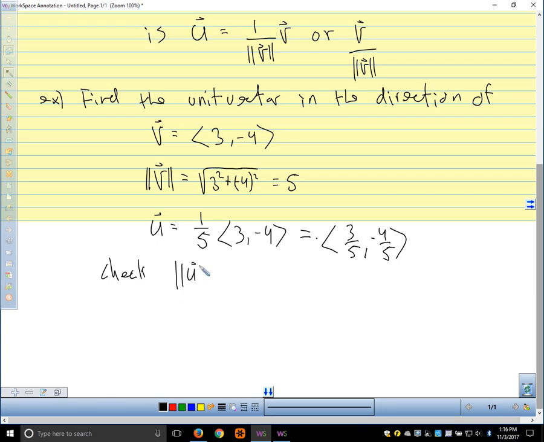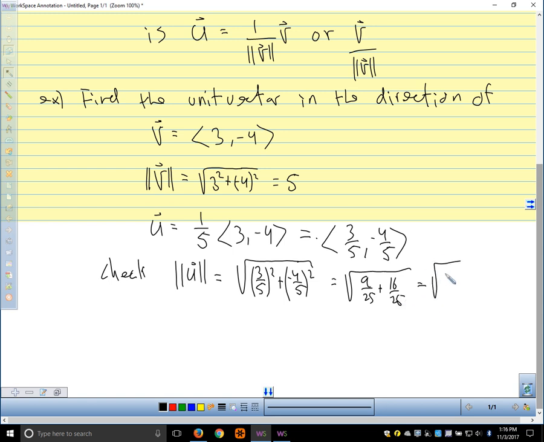The magnitude of u is the square root of 3/5 squared plus negative 4/5 squared, which is the square root of 9/25 plus 16/25, which is 25/25, which is 1. So we divided it by its length, and that makes the new vector have magnitude 1.